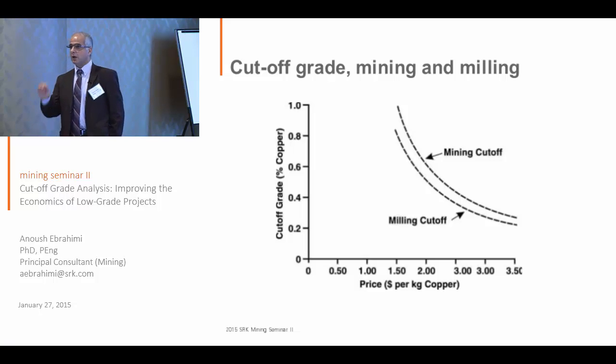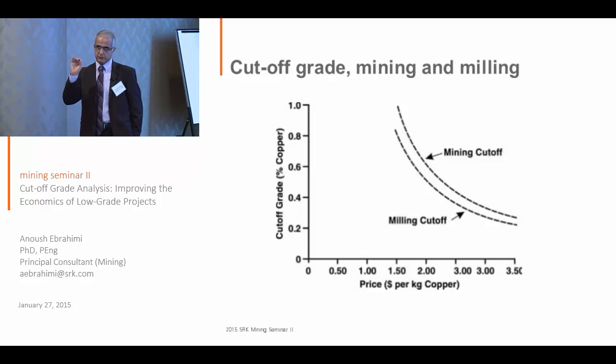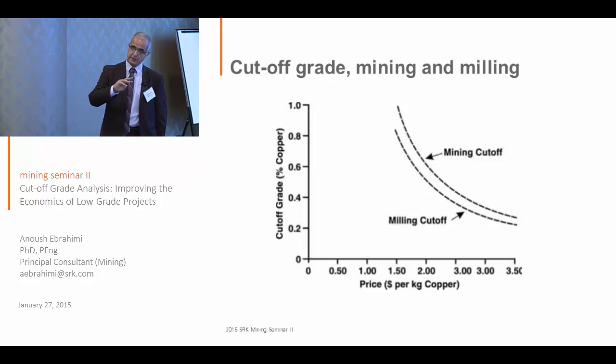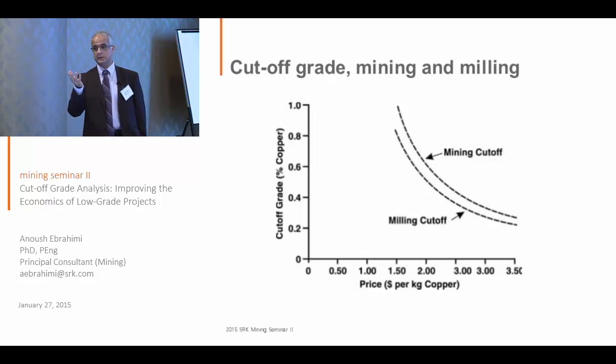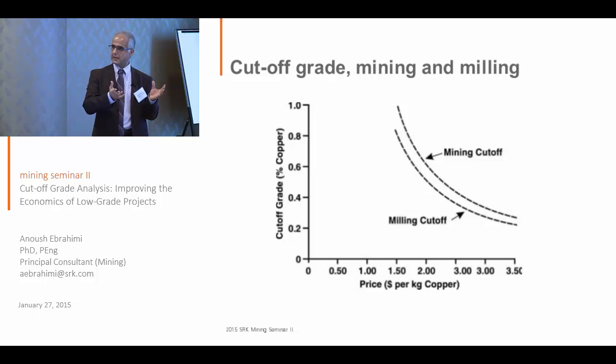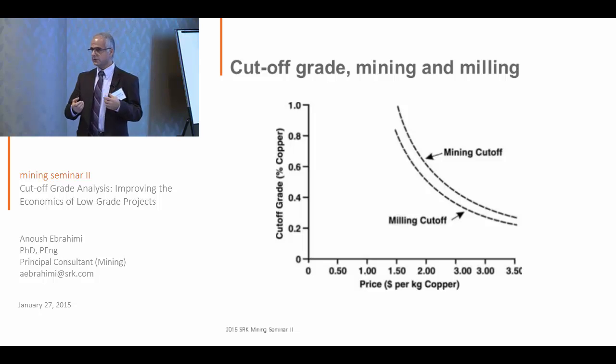Milling cutoff is important for us for mine design and for scheduling, because in an open pit, whatever you mine is now available to make the decision about whether to call it ore or waste, because you already spent the money for mining it. Now it is a sunk cost.